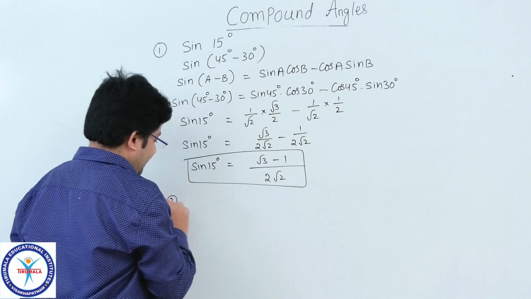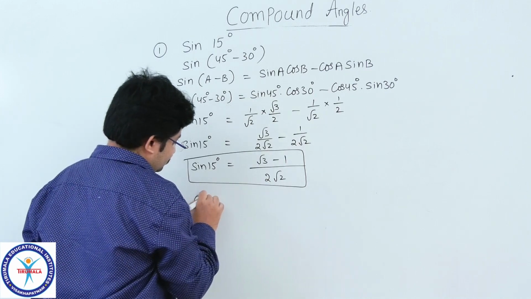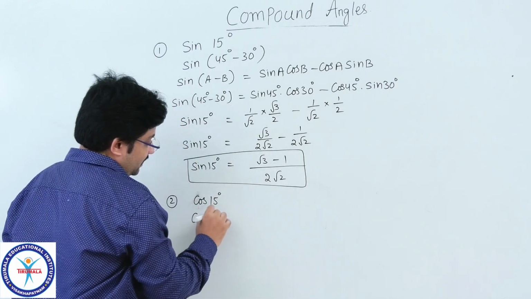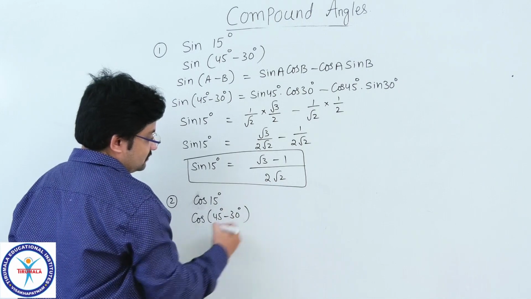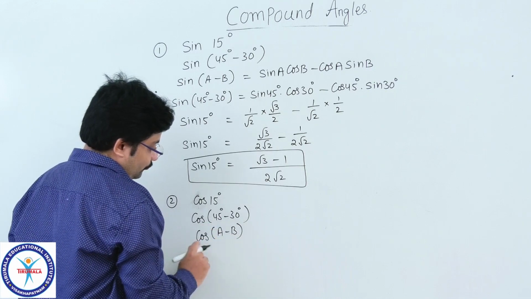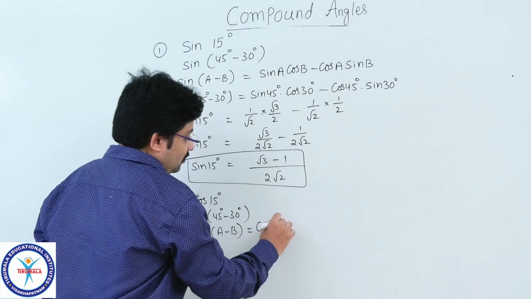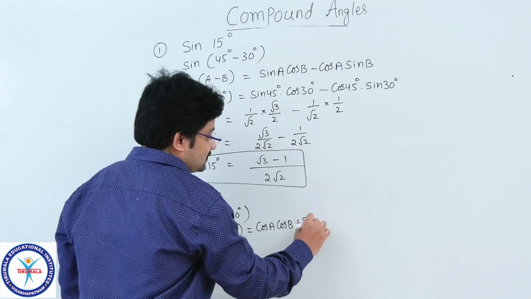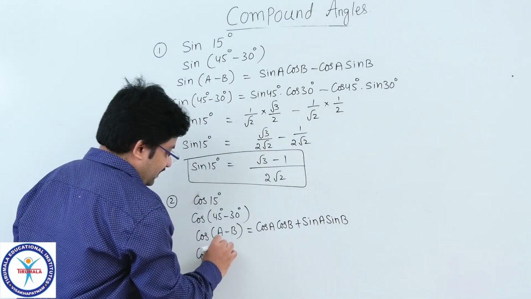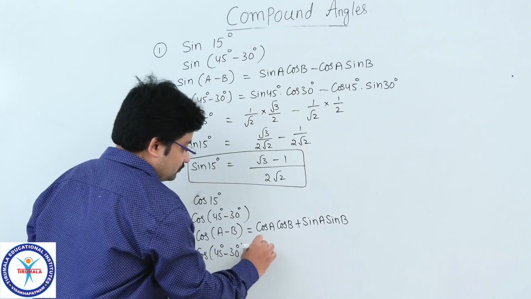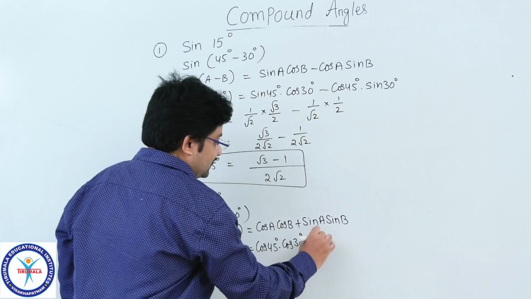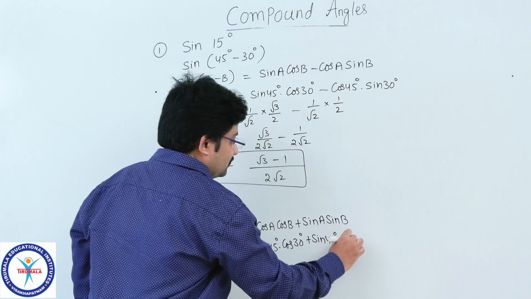Similarly, I want to find the value of cos 15 degrees. Cos 15 degrees, as usual, is cos(45 degrees minus 30 degrees). It is in the form of cos(A-B). The cos(A-B) formula is cos A cos B plus sin A sin B. Therefore, cos(45 degrees minus 30 degrees) is equal to cos 45 degrees into cos 30 degrees plus sin 45 degrees into sin 30 degrees.